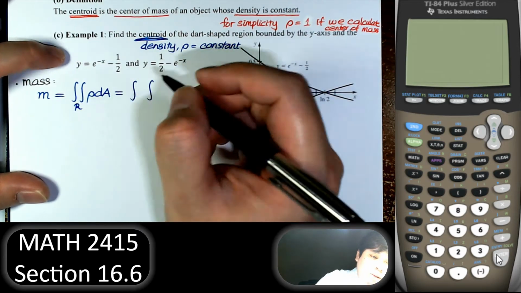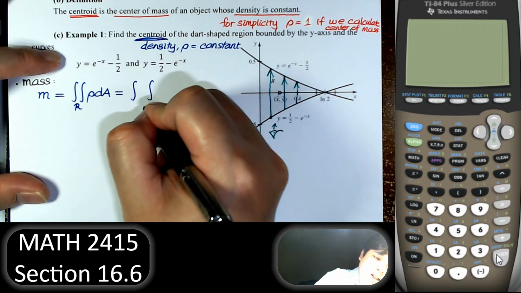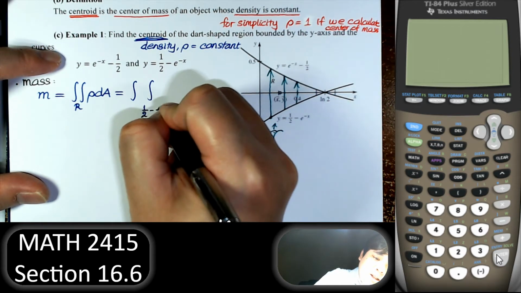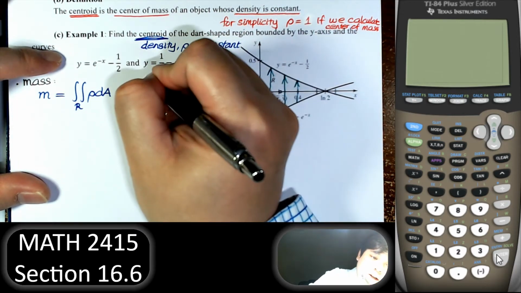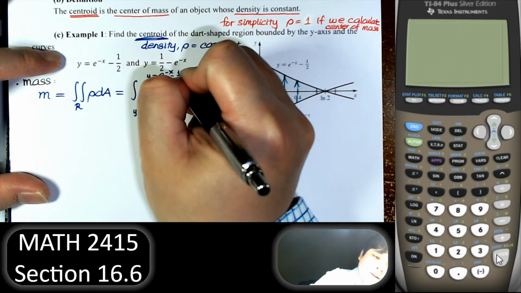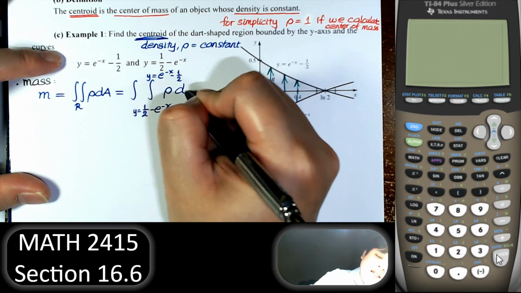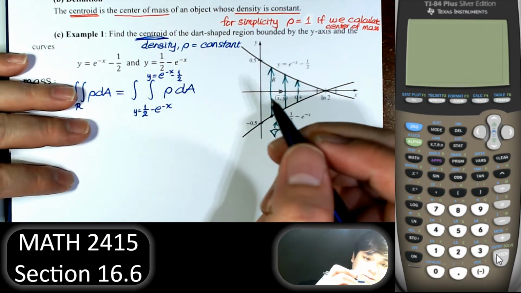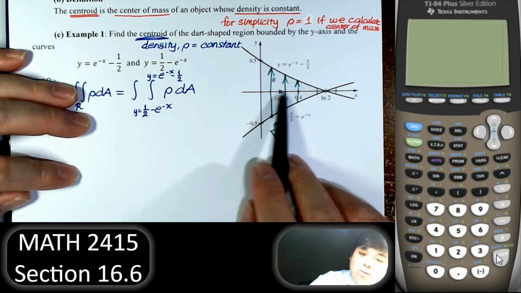So we go from the bottom, y equal to 1/2 minus e to the negative x, to the top, y equal to e to the negative x minus 1/2. The density is a constant, dA. The limits on the outside go from 0 to ln of 2.